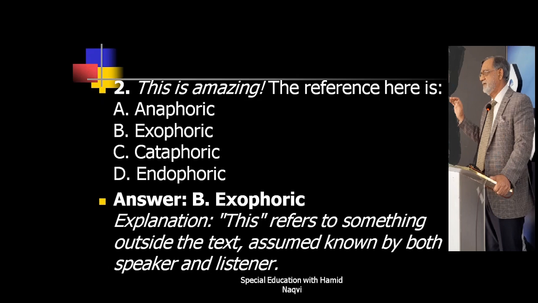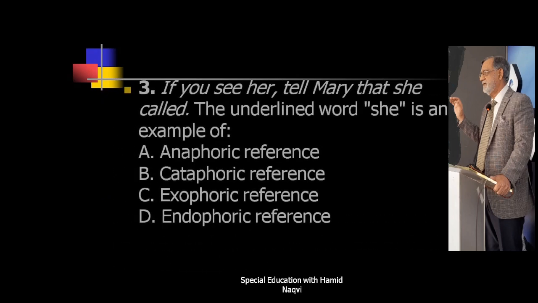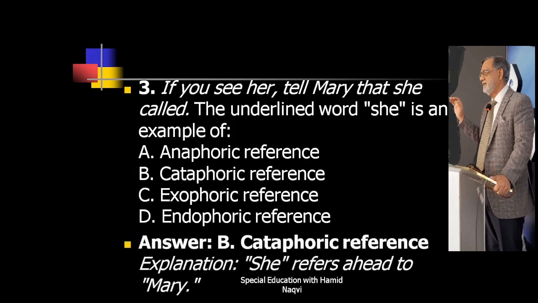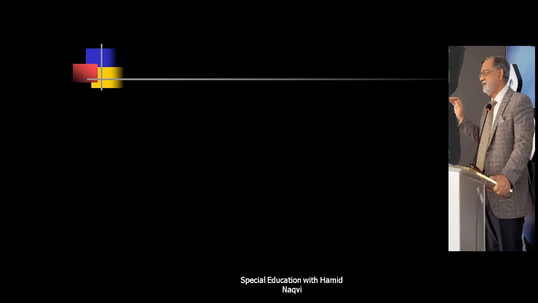So when we are saying this is amazing, both of them are referring to something outside the text. Next: if you see her, tell Mary that she called. The underlined word she is an example of anaphoric, cataphoric, exophoric, or endophoric? The answer is it is cataphoric, and we can explain it by saying that she refers ahead to Mary.